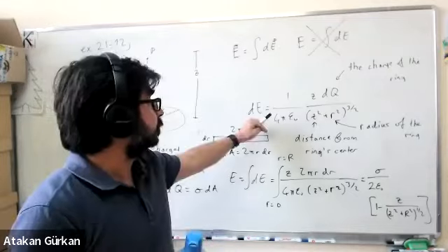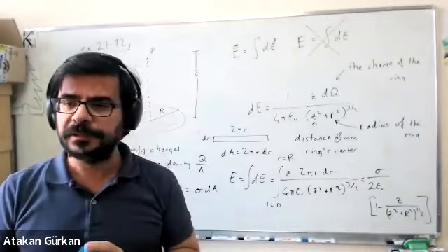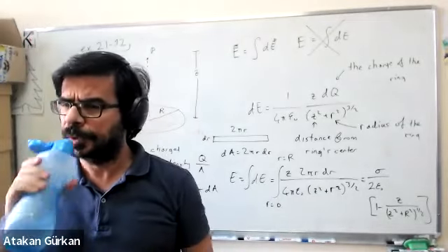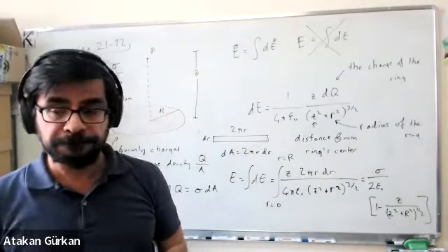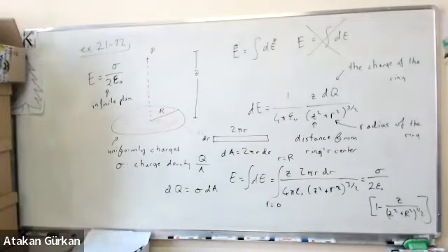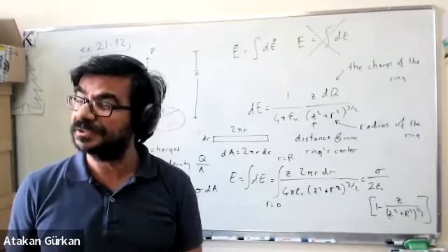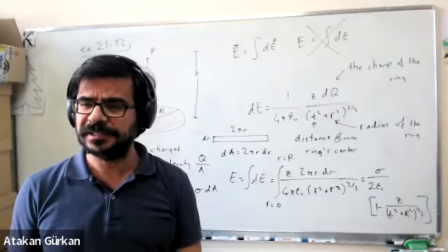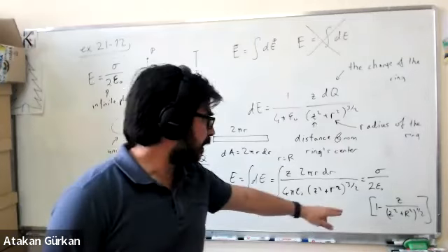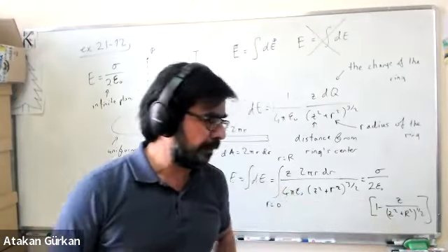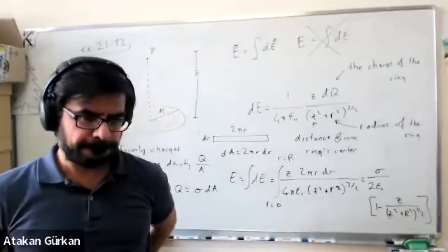What is this? What am I writing there? What is this expression for? What's that dE? dE of what? dE of the disk divided into rings. What does that mean? This is the electric field of the disk. Okay. What is this dE?